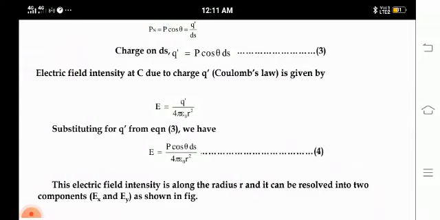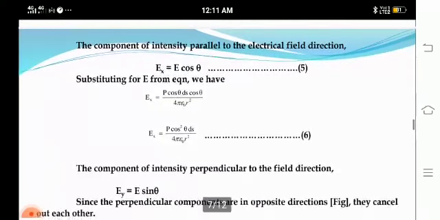This electric field intensity is along the radius r and it can be resolved into two components, Ex and Ey. The component of intensity parallel to the electric field direction is Ex, equal to E cos theta. By substituting for E from the above equation, we get Ex equal to P cos theta ds into cos theta divided by 4 pi epsilon naught r squared.